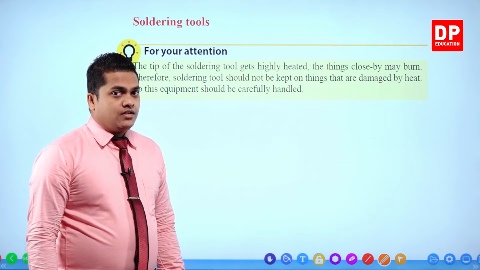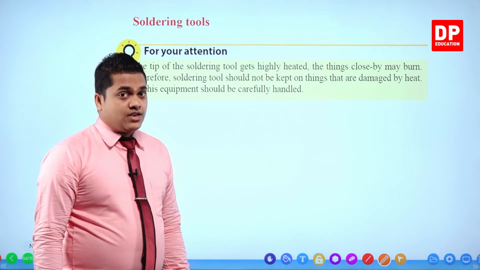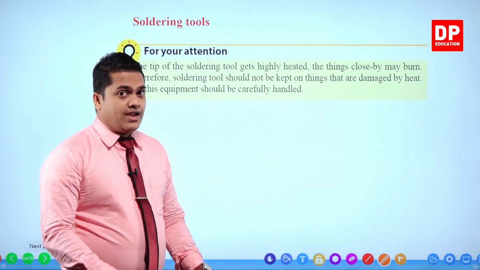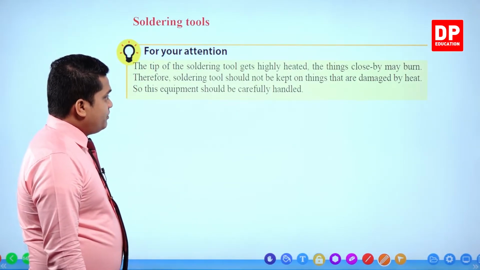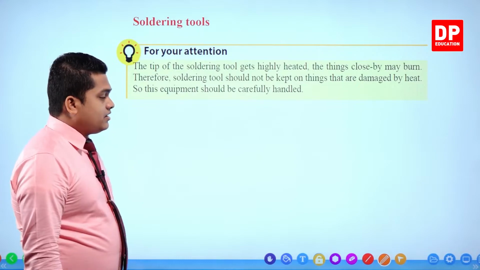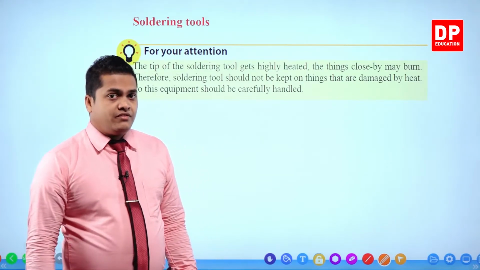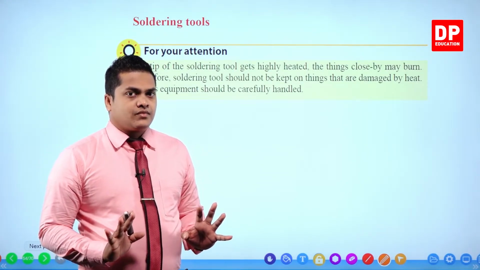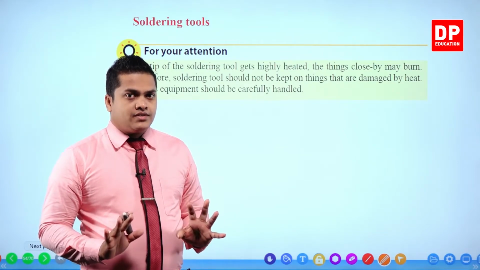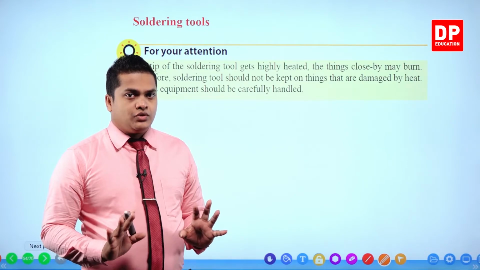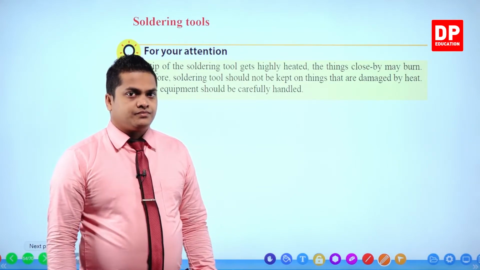That includes your body parts as well. So don't keep your hand near to it. This equipment should be very carefully handled, right? It's best to get the guidance of your parents if you are using these things at home, right?